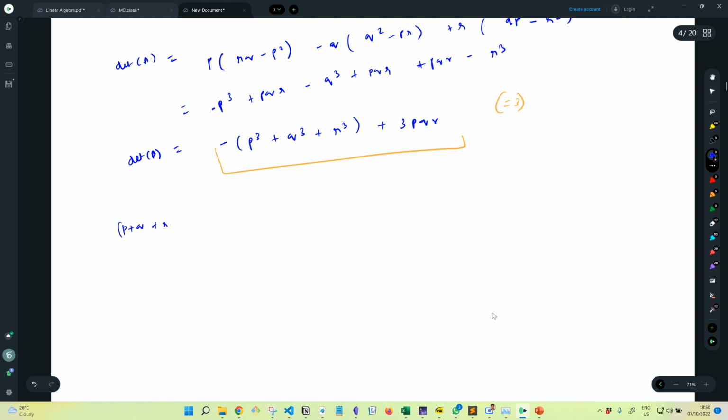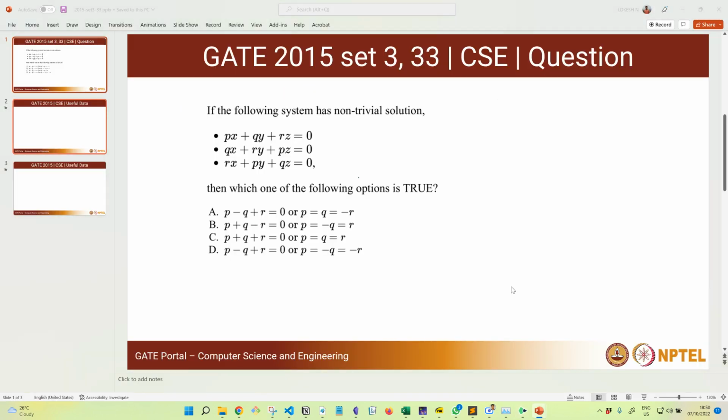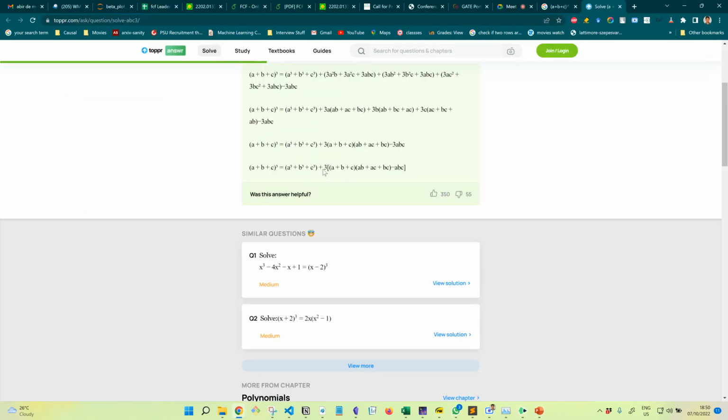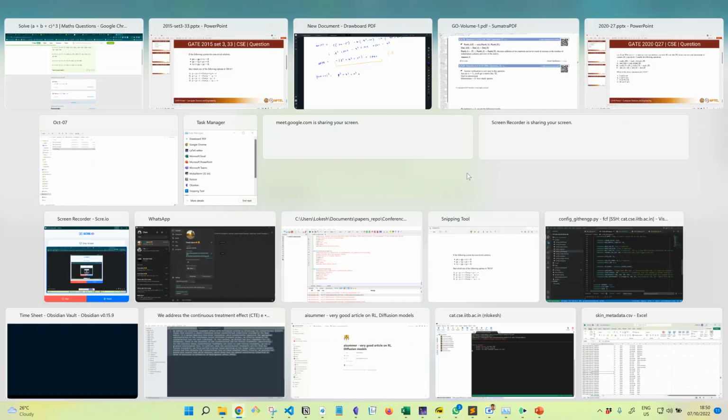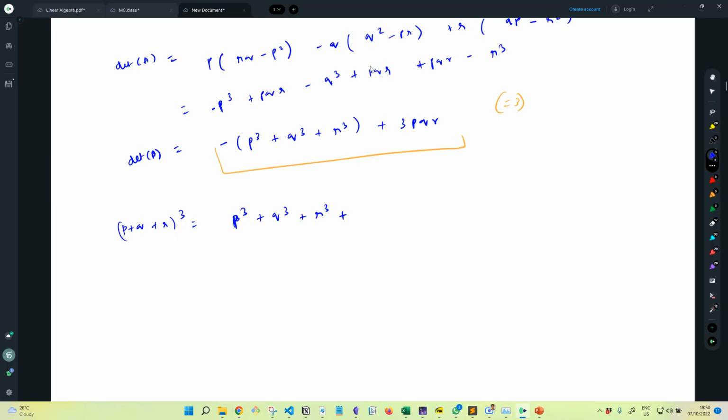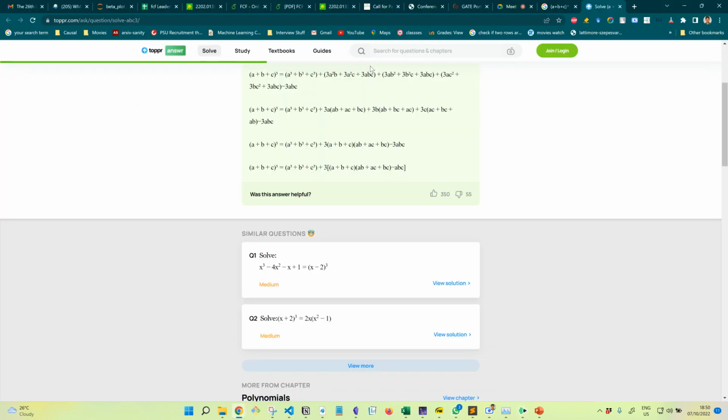P plus Q plus R the whole cube will be equal to P cube plus Q cube plus R cube plus 3 into A plus B plus C into AB plus BC plus AC minus 3 times ABC, and 3 is outside.